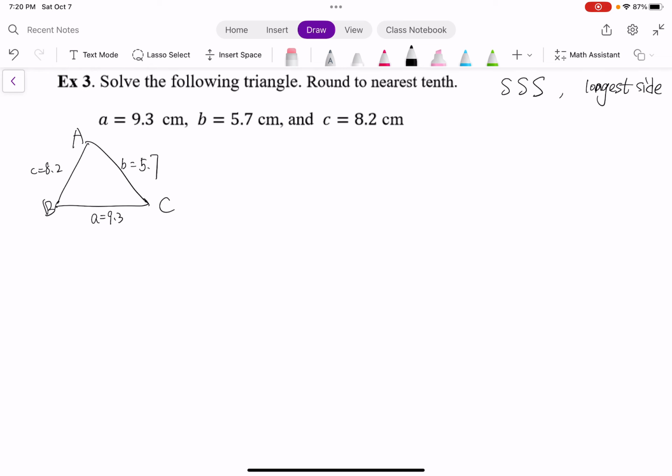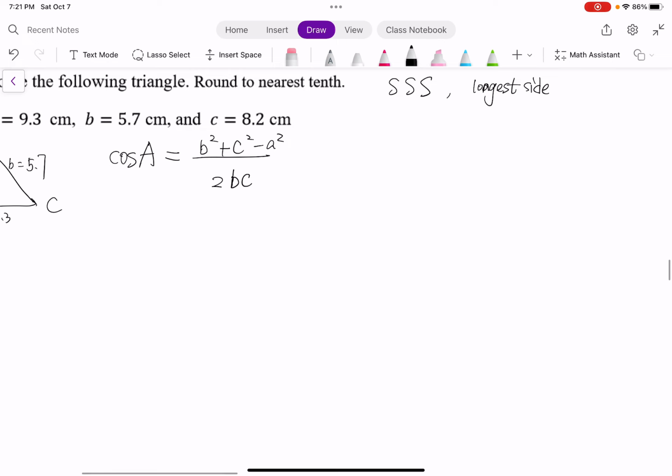And the cosine A, so use the alternative formula. Cosine A equals B squared plus C squared minus A squared, all divided by 2BC. If you do not remember that, you can use the original formula, which is A squared equals B squared plus C squared minus 2BC times cosine A. Isolate the cosine A, then you have the same formula.